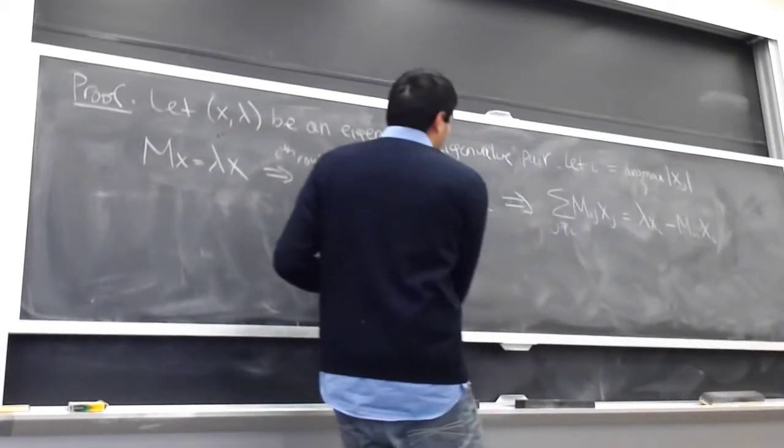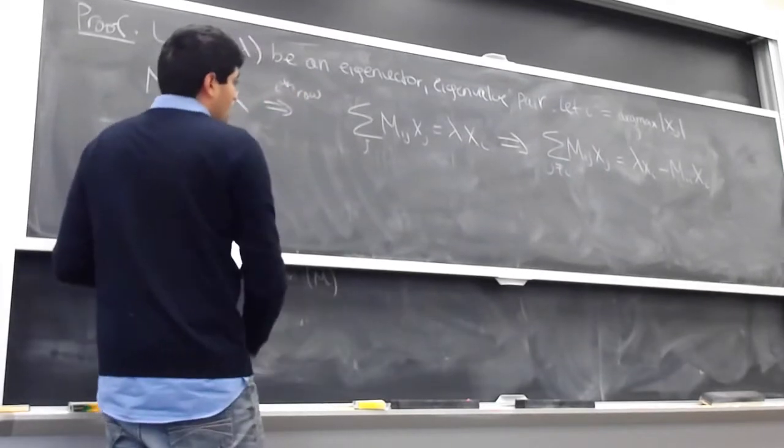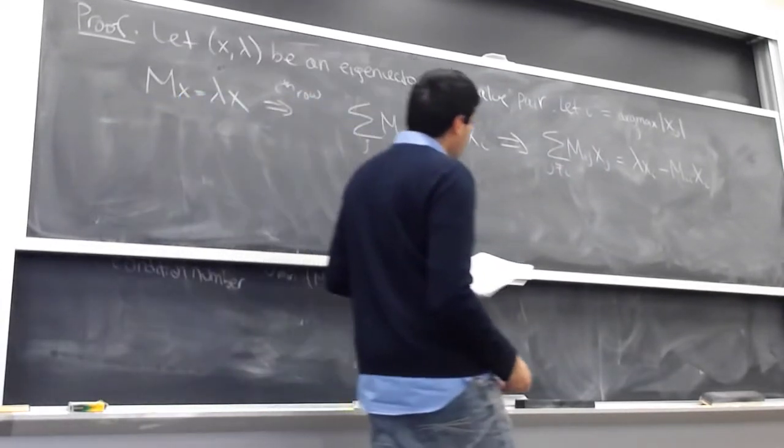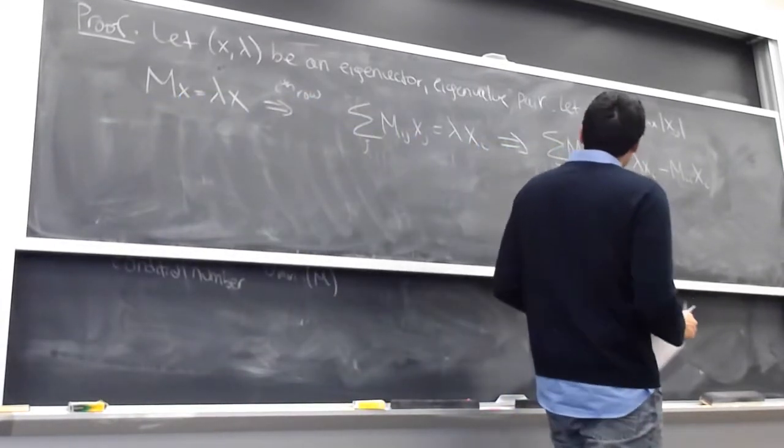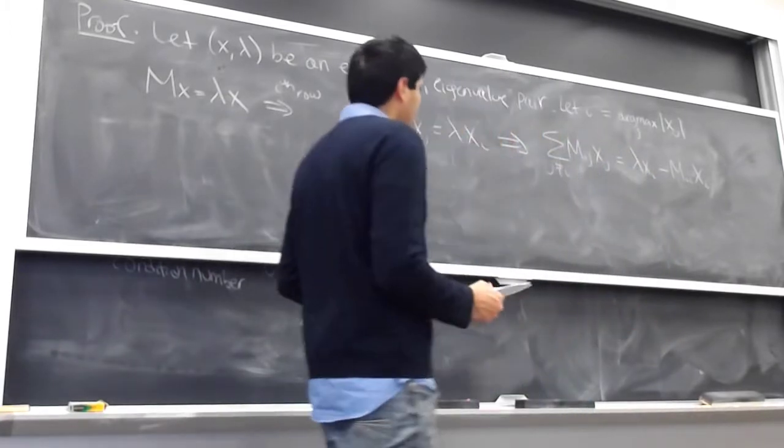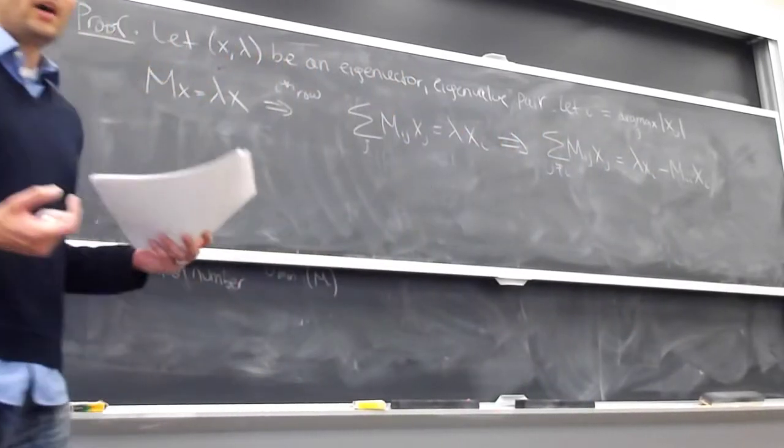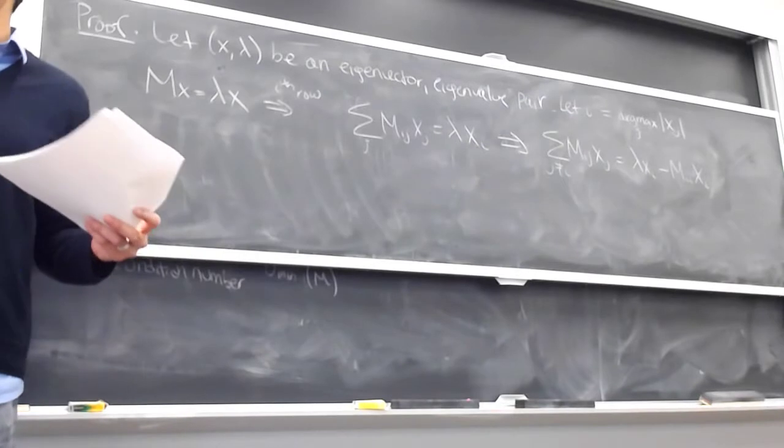Okay? And now we're almost done, because all we're going to do is take the absolute value and divide through by xi, which is the largest magnitude entry.